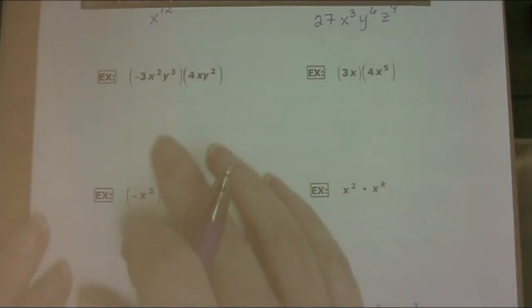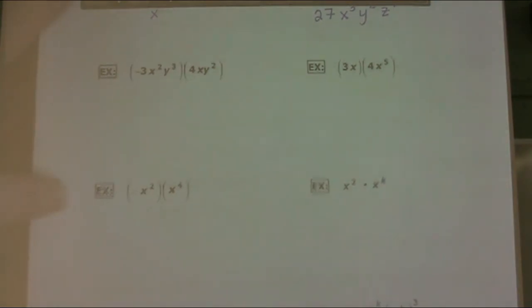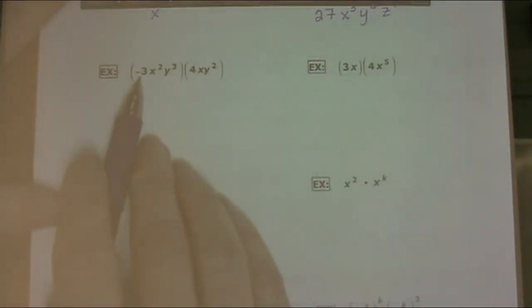Now, in this next example, I don't have any powers outside the parentheses. So guess what? This is the product rule, which means I'll be adding exponents. So the first thing I'm going to do is actually multiply my -3 times my 4, and I'm going to get -12.